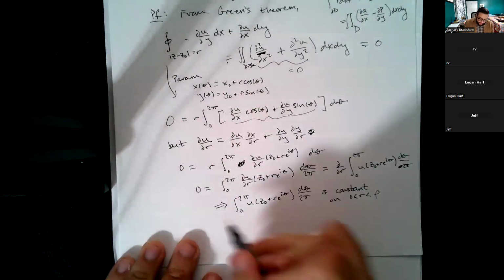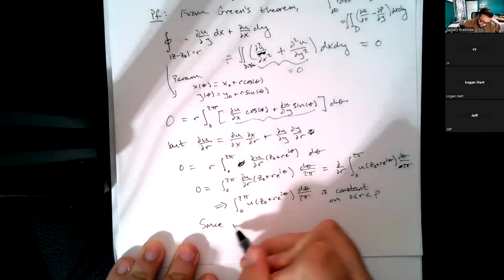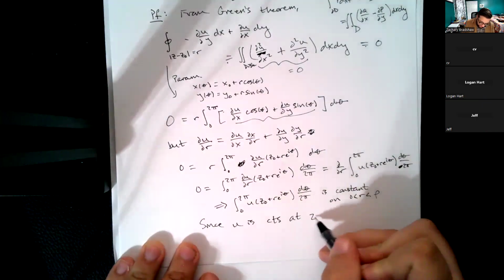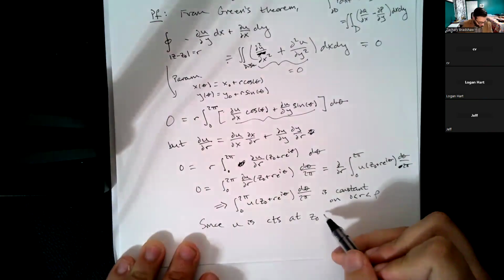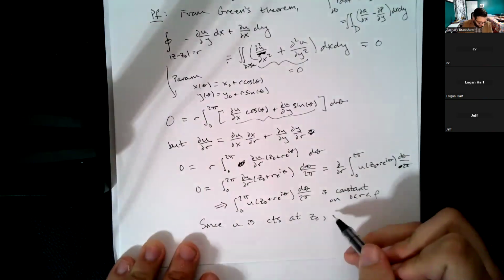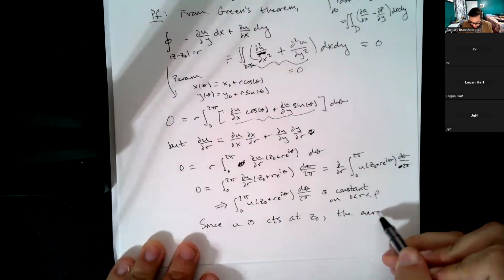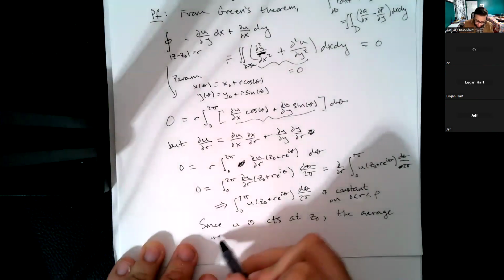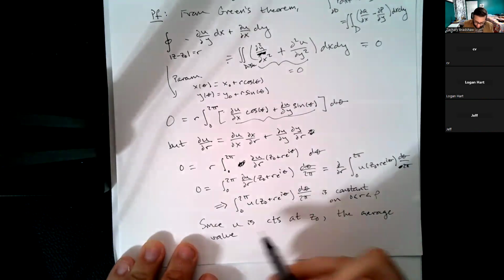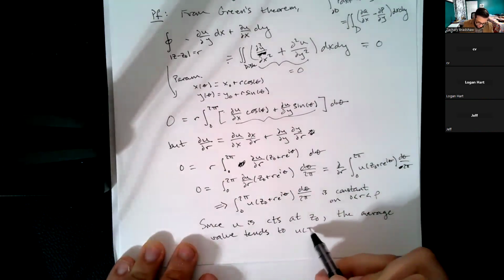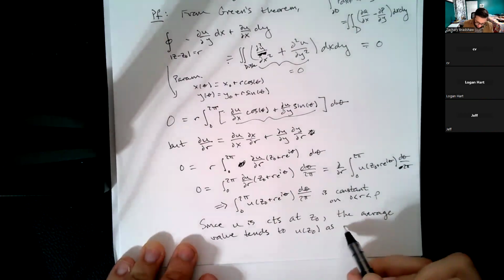So since u is continuous at z0 by assumption, the average value tends to u of z0 as r goes to 0.